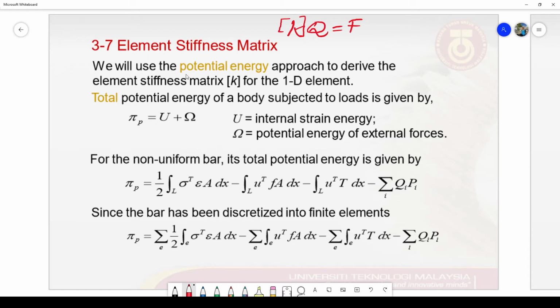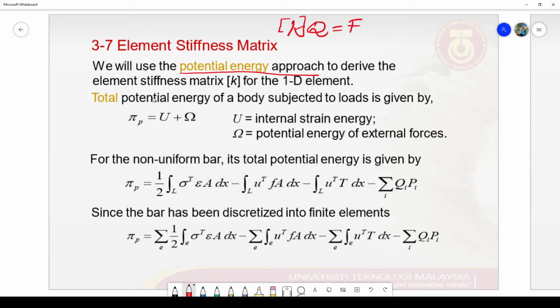We will use the potential energy approach to derive this, but the derivation of the element stiffness matrix can also be obtained from other approaches, which we do not discuss here.